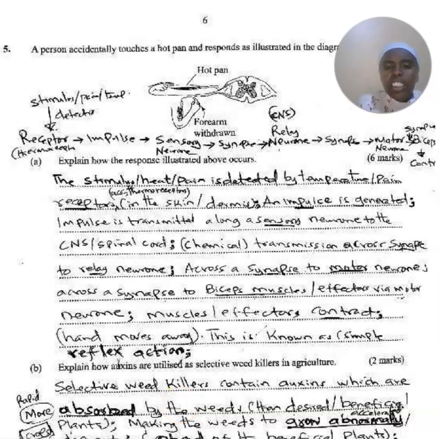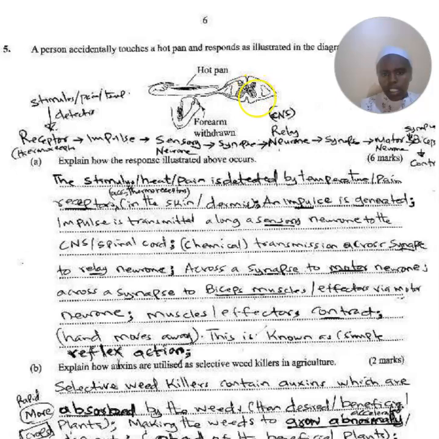A person accidentally touches a hot pan and responds as illustrated in the diagram below. So this is the hot pan. This is the forearm. Forearm with the biceps.